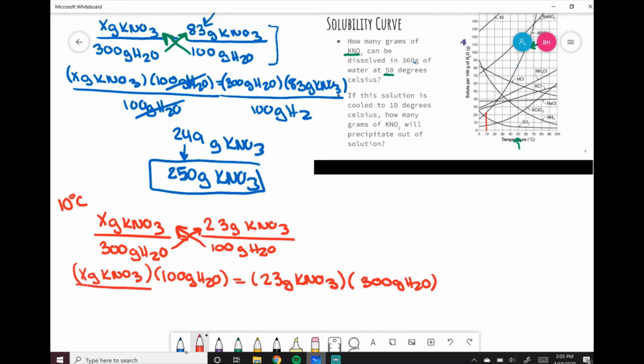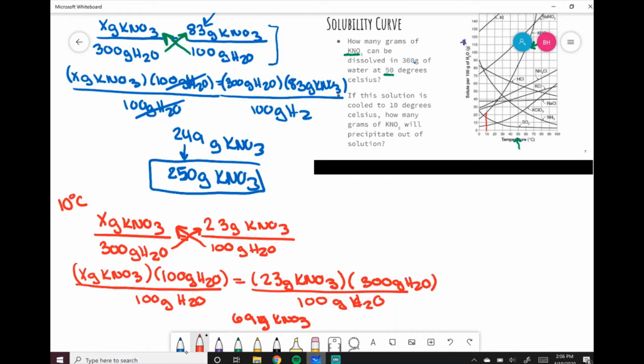And then divide that by my 100 grams of water. And what we get is that 69 grams of potassium nitrate can dissolve.